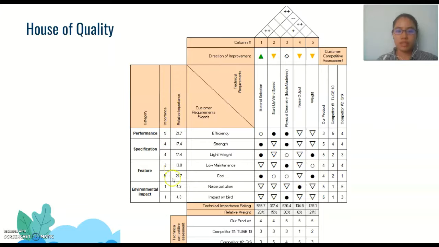You can see efficiency and cost have the highest ranking. We also compare our product with two competitors and rank their customer competitive assessments and technical competitive assessments for each product.